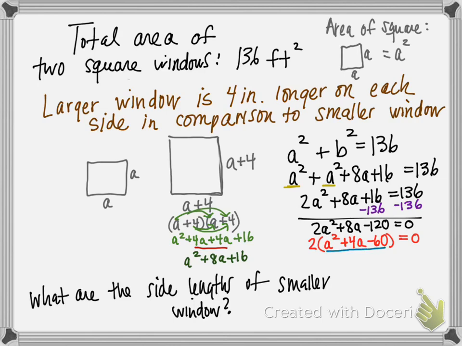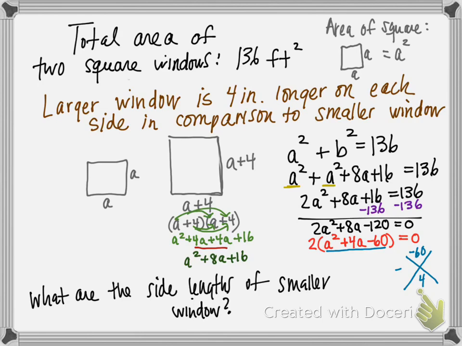If that can't be factored, then I would have to use the quadratic formula. So to factor this trinomial, I'm trying to figure out what multiplies to negative 60, the back number, and adds to the middle number 4. And there has to be one negative, because to get a product that's negative, there has to be one negative.